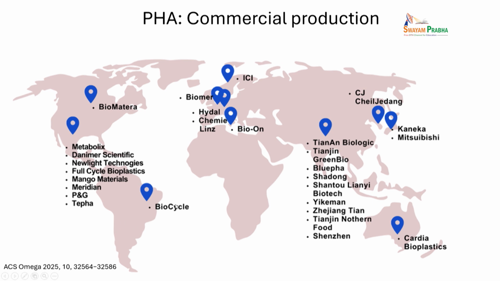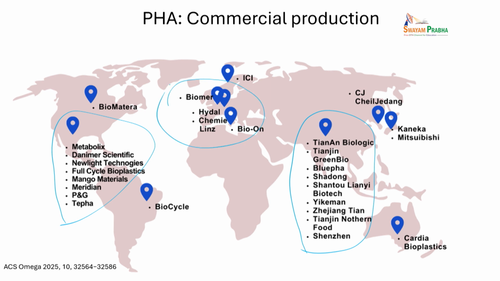These are the companies and the corresponding countries in which they are produced. You can see a large number of companies in China producing, and also quite a bit in the US and in Europe, indicating that PHA has a huge potential for medical applications with regard to its biocompatibility and functional aspects. But there is no company in India producing PHA as of now.